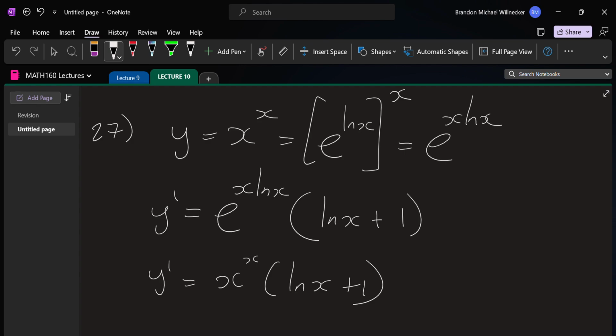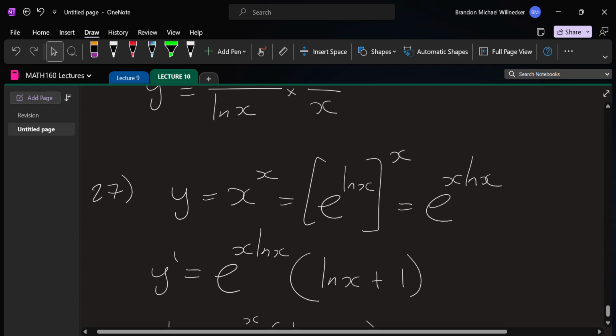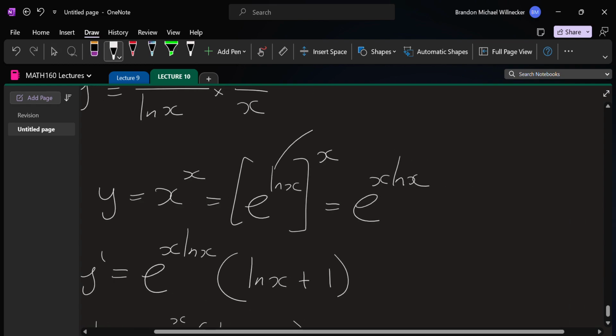So we have the natural log of x plus 1. And if you want this e to the x natural log of x, we can put x to the x back there. So little pre-step there. We just wrote x as e to the natural log of x because we know they cancel. And we'll end up just with x back again.